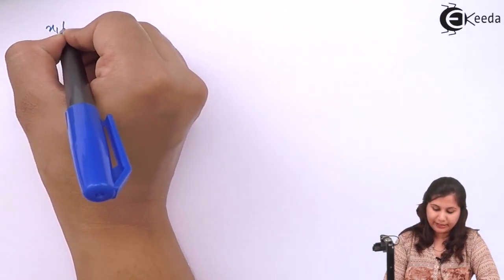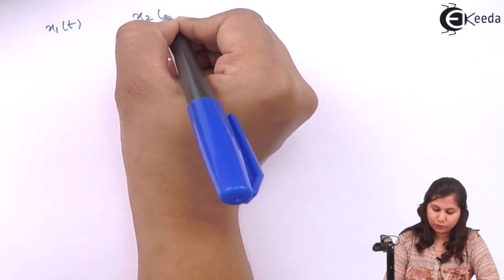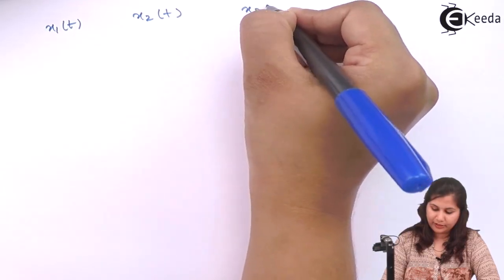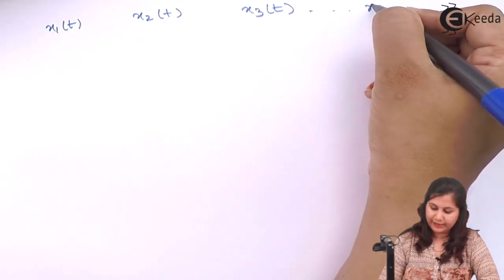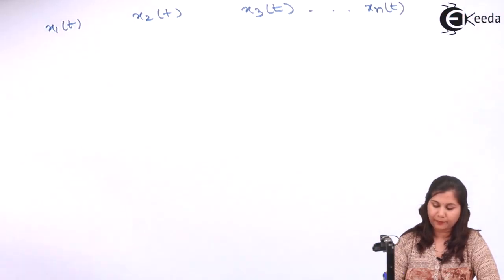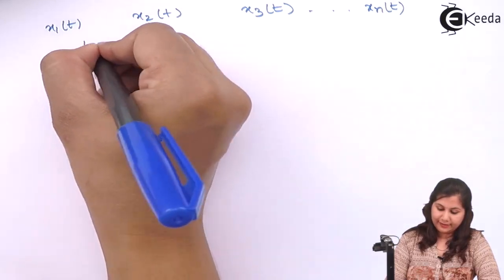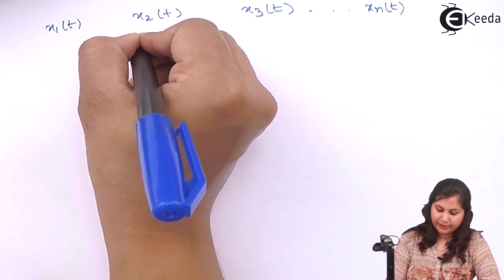So we have studied in our earlier videos that in continuous time the state variables are represented like x1(t), x2(t), x3(t) till xn(t). So these are the state variables in continuous time.